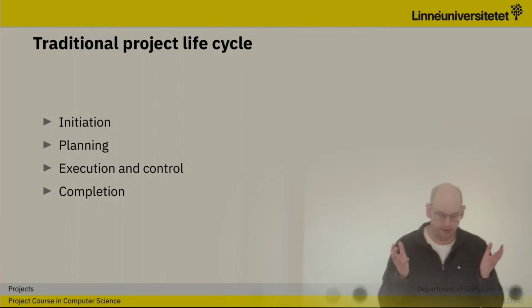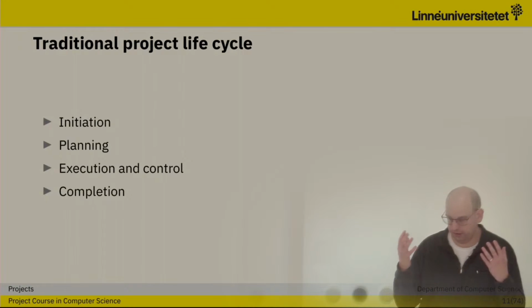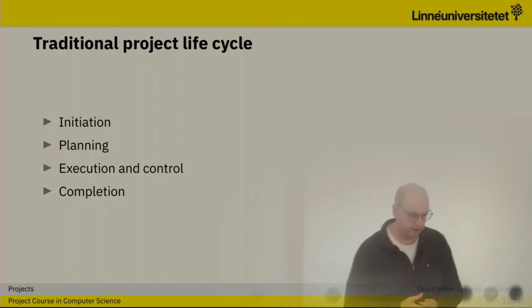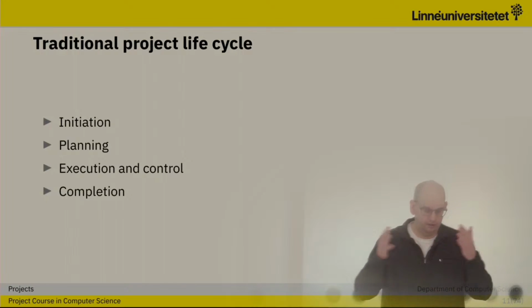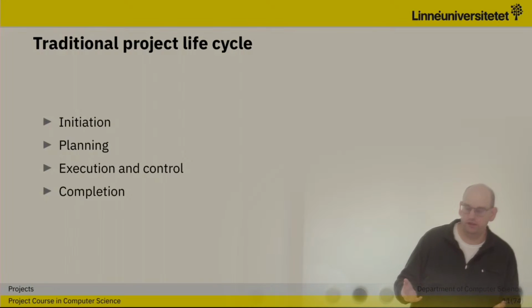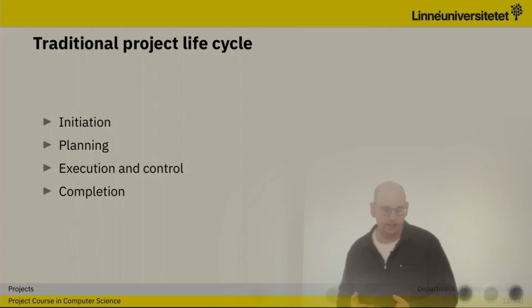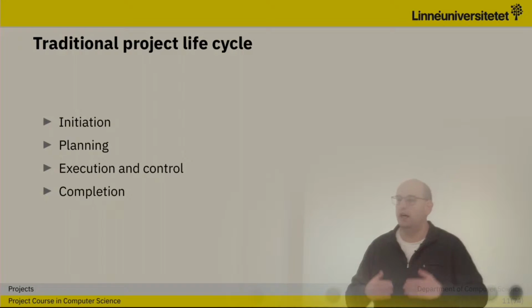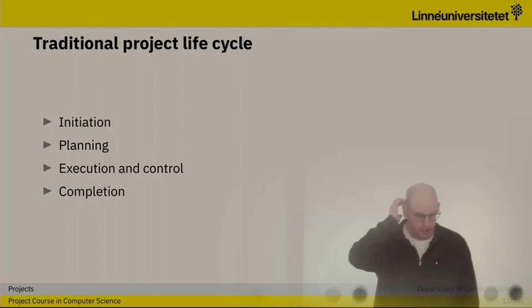We need to find an achievable goal, to have this goal image before us. After that comes the planning, where we plan out the deadlines, the start and the end of the project, what kind of resources, and what kind of basic high-level requirements we have.